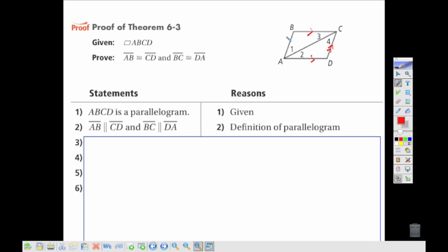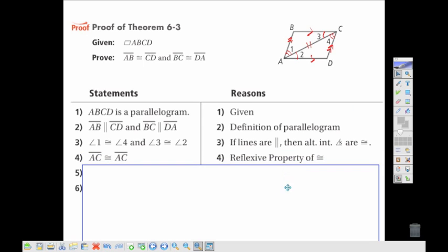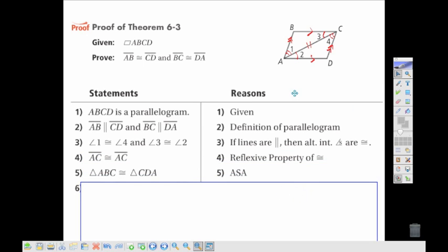And if we're talking about both sides here, parallel sides. So the next thing that we should notice is something about our angles here. We have alternate interior angles between 2 and 3, and also between 4 and 1. And so we have two pairs of congruent angles based on the alternate interior angle theorem. Next, we'll notice that there is a shared side between these two triangles, and so those triangles are congruent.